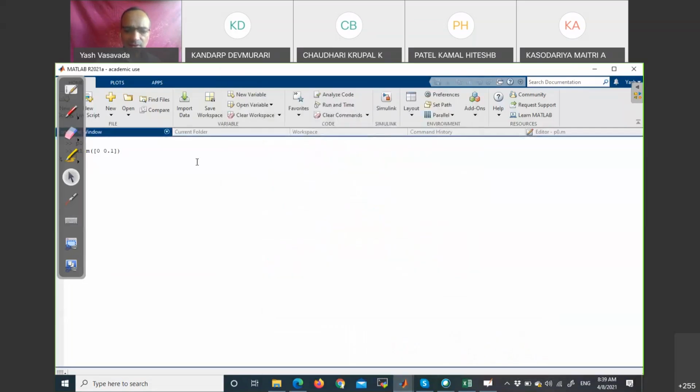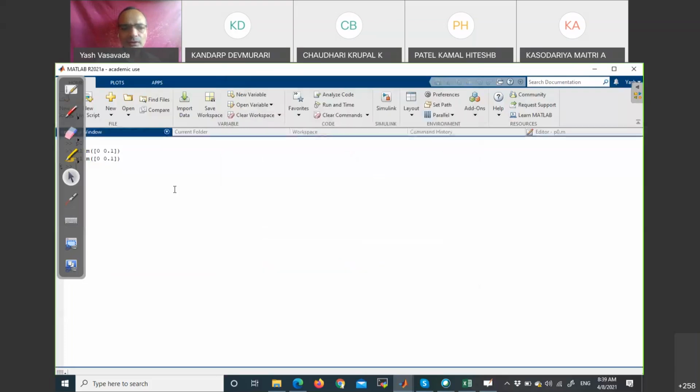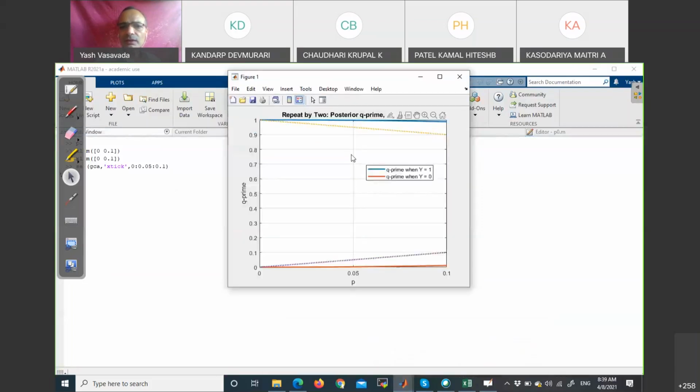So here again, we want to look at the smaller range, and so you see now, when Q is equal to 0.5, if you do a single test, then the probability that the person has the disease when the test outcome is positive is 95%.